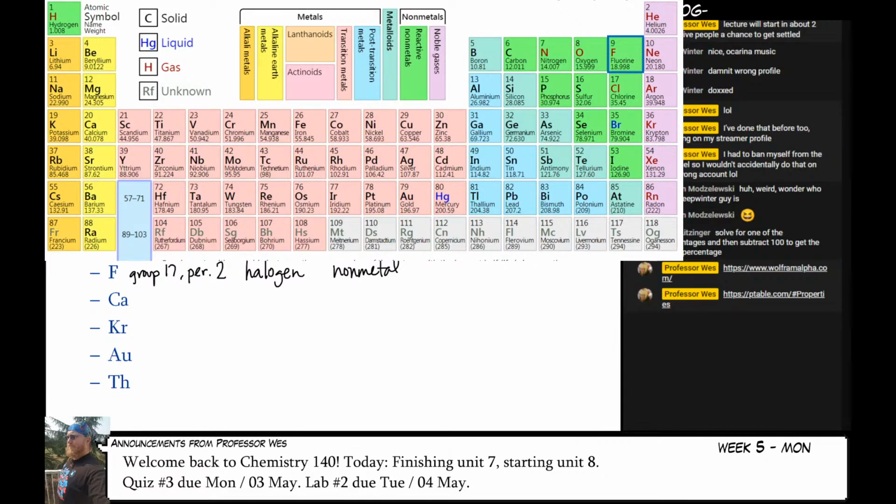Then next we have, I gotta go back over to it, calcium. So calcium's over here. That's the wrong window. That's Photoshop. There we go. So calcium is in group 2, period 4. It is an alkaline earth metal, and it's also a metal.